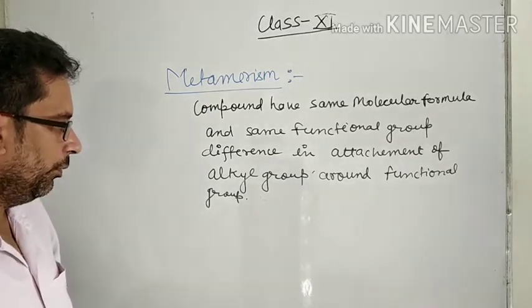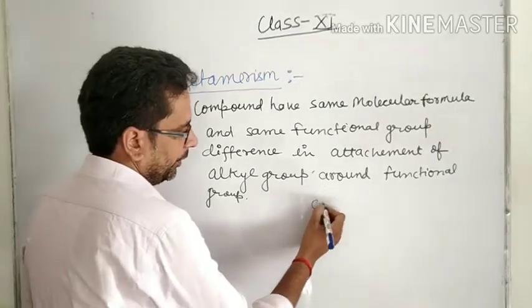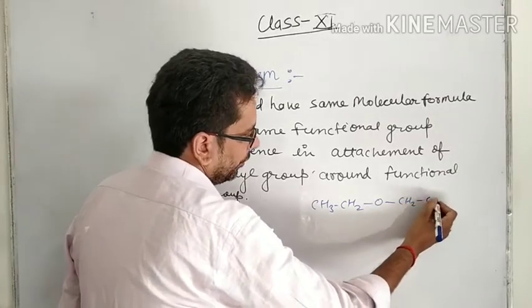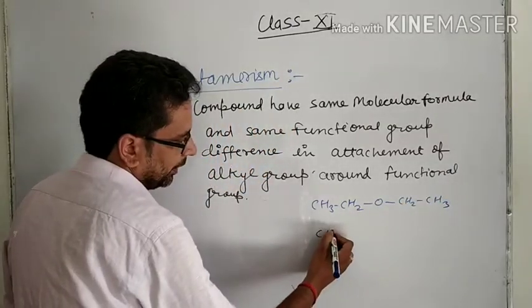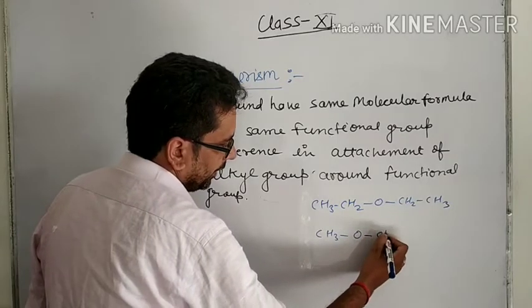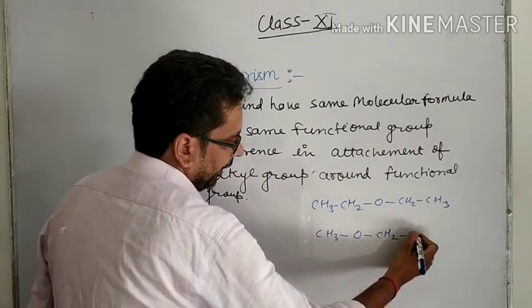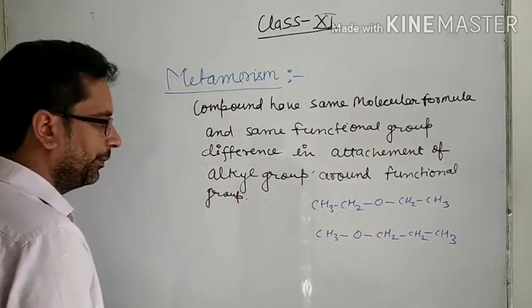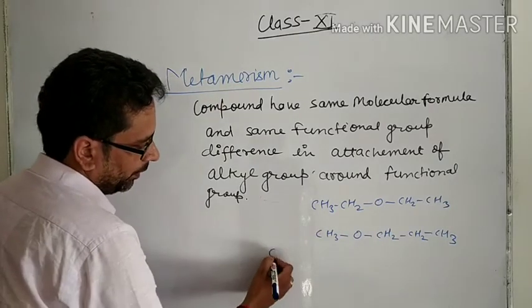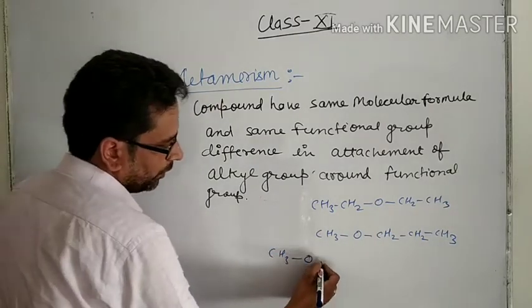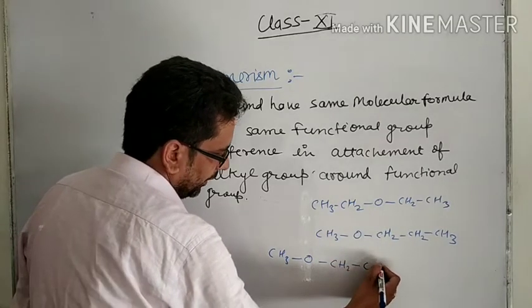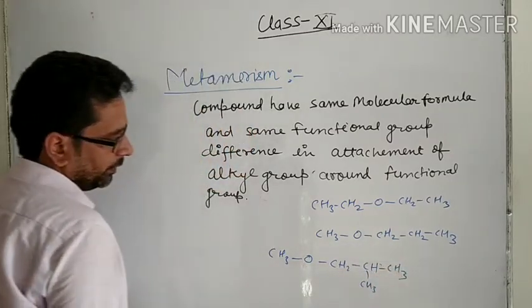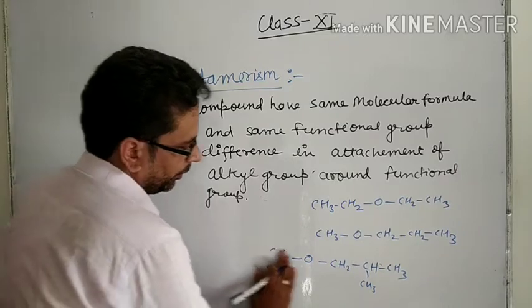Okay, what is the example? Look here, CH3CH2 O CH2CH3, and CH3 O CH2CH2CH3.